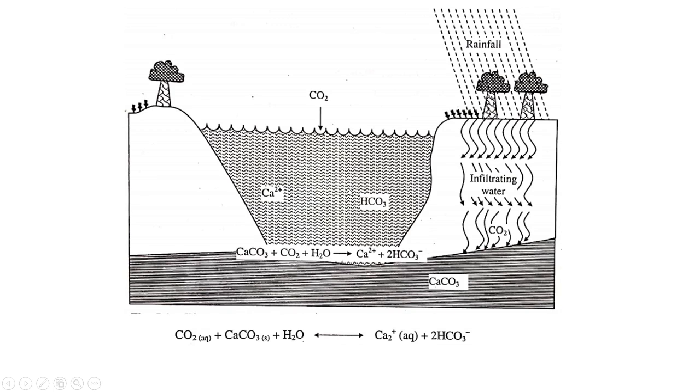Therefore natural water contains alkalinity due to bicarbonate ion, that is HCO3, and then it contains calcium ions. That is the reason the presence of calcium ions makes water hard water. Okay, so we will move ahead.